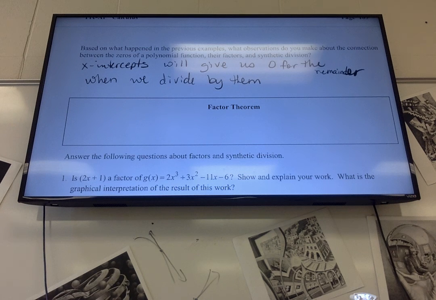So here's where we're going to write it out in pretty words what we just figured out.